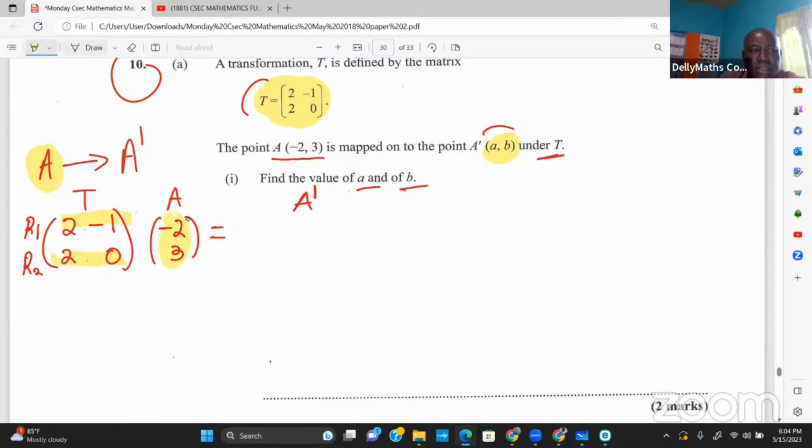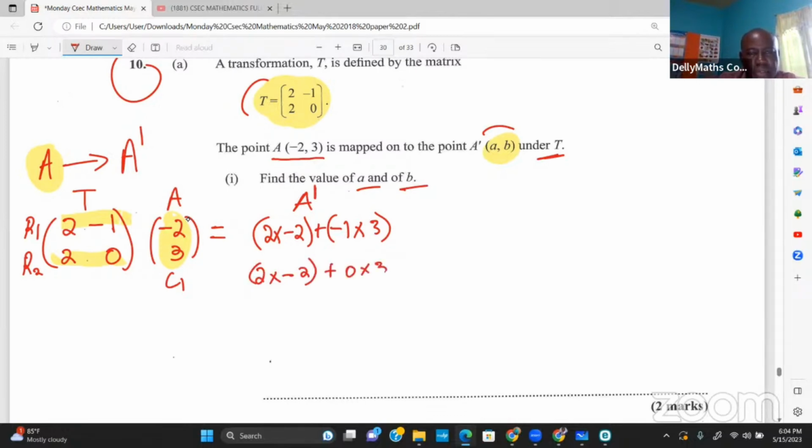So row 1 times column 1: 2 times -2 plus -1 times 3. Underneath that, row 2, column 1: 2 times -2 plus 0 times 3.